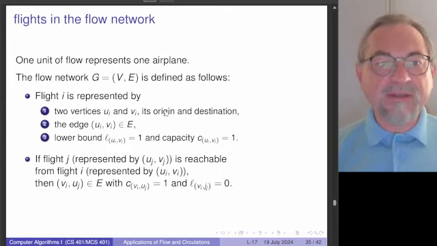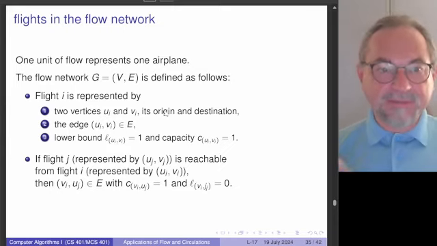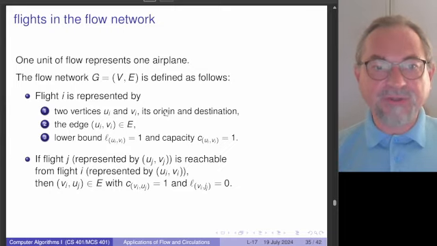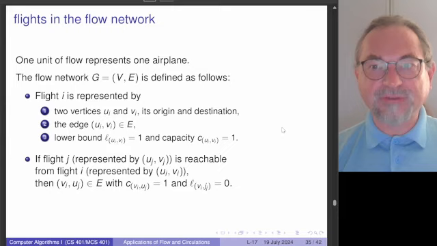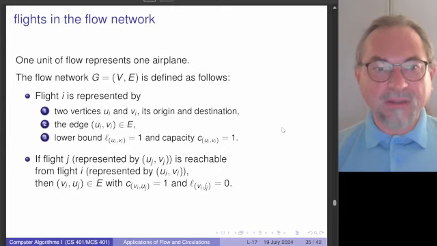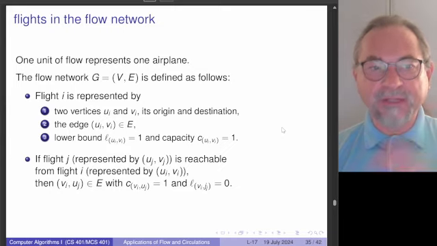Every flight is represented by two vertices, its origin and its destination. Then we have the flight that we must serve, so we have a lower bound that equals the upper bound on the edge between the origin and the destination.